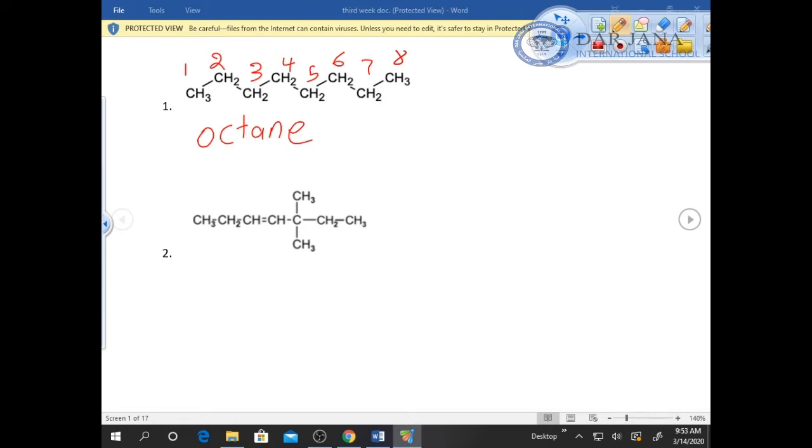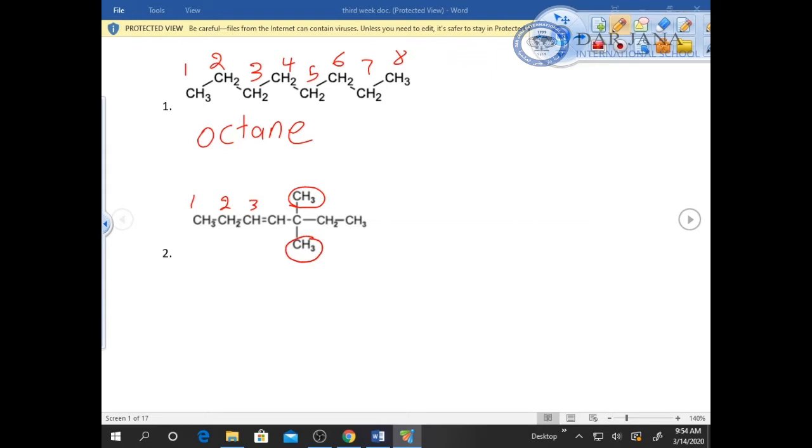Number 2, here we have an alkene molecule. From which end do I have to start numbering? For sure I will start numbering from left to right because I'm going to give the priority to the double bond, not to the substituents.